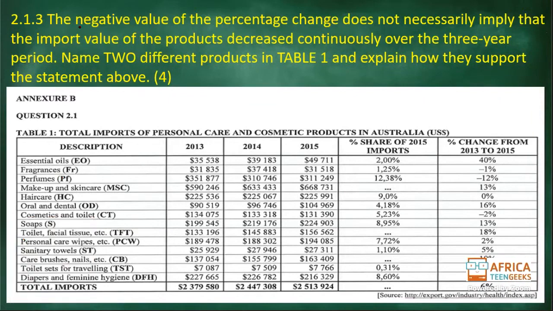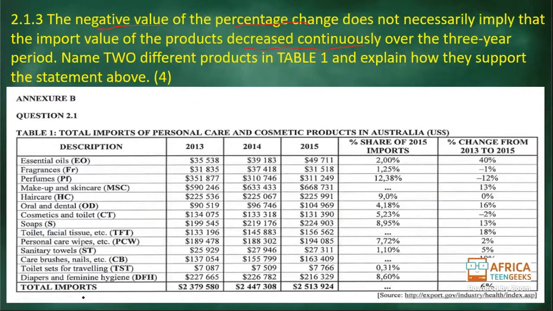What is the statement saying? The negative value of the percentage change does not necessarily imply that the import value of the product decreased continuously over the 3-year period. So that's the statement. What 2 products can you find in the table that support this statement?